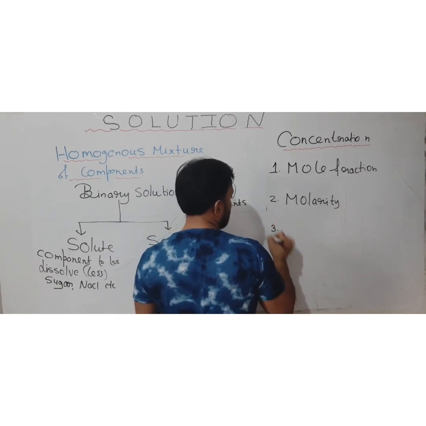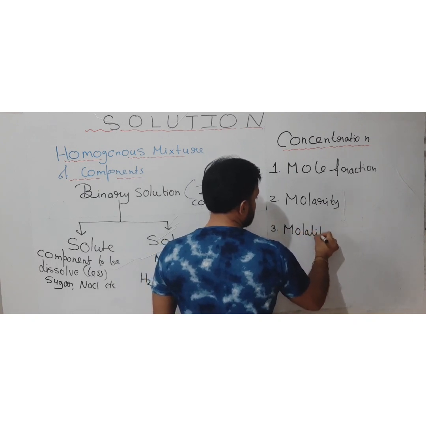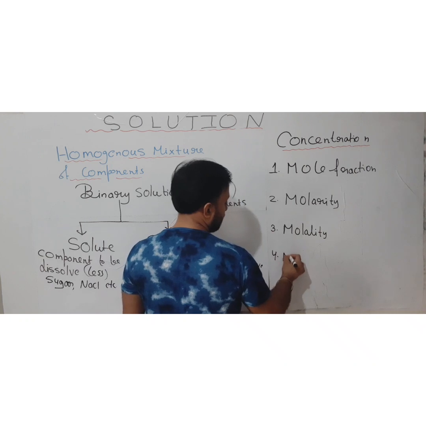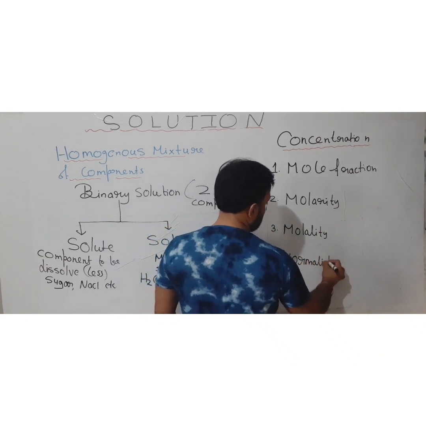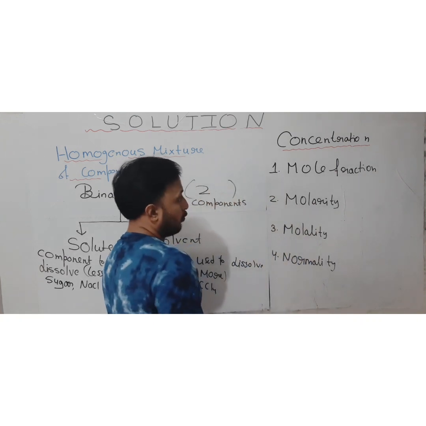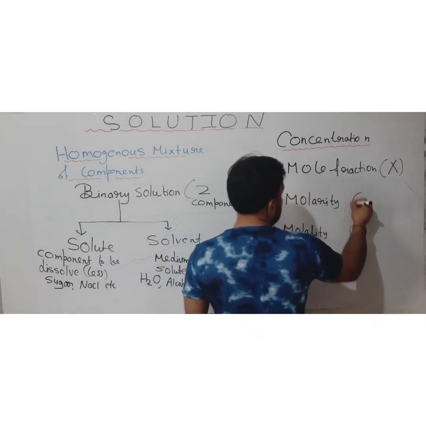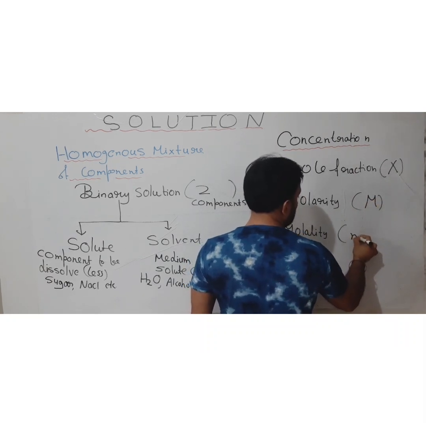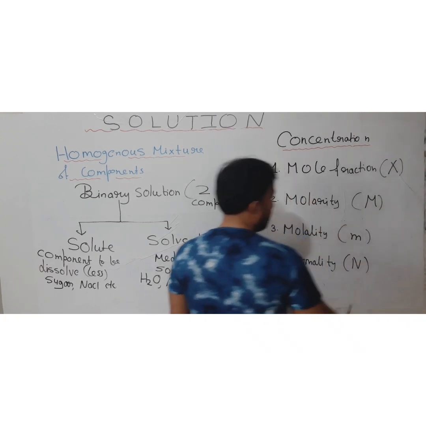Then the third one is known as molality, and the fourth one is known as normality. Mole fraction is denoted by capital X, molarity is denoted by capital M, molality is denoted by small m, and normality is denoted by capital N.